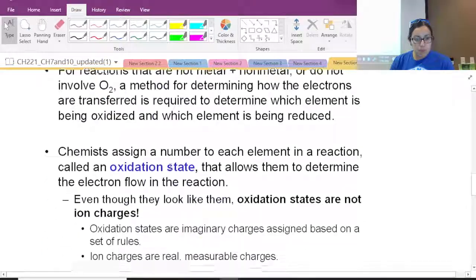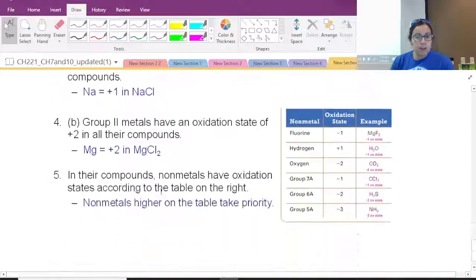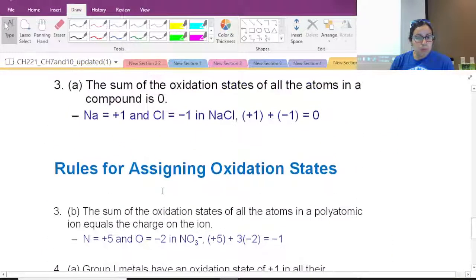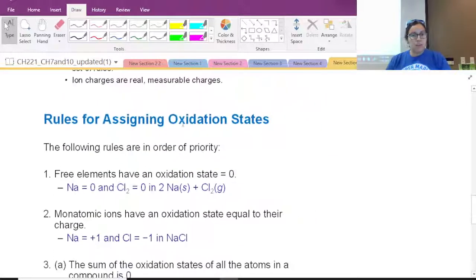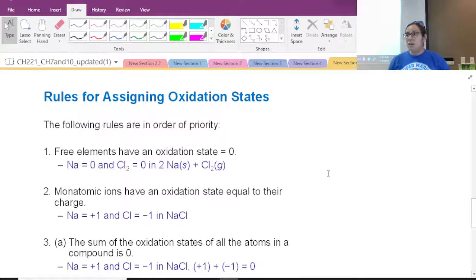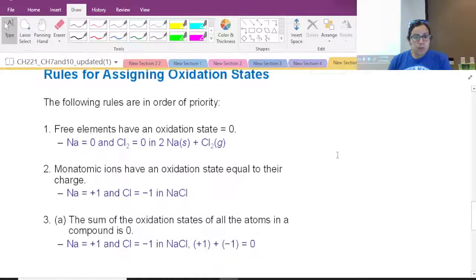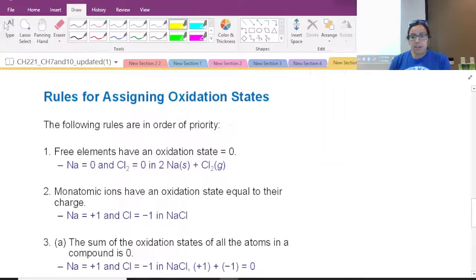Let's skip down to the rules for assigning oxidation states, because these rules are key, and then we can go back and analyze what's an oxidation reduction reaction. First we have to know how to assign oxidation states.